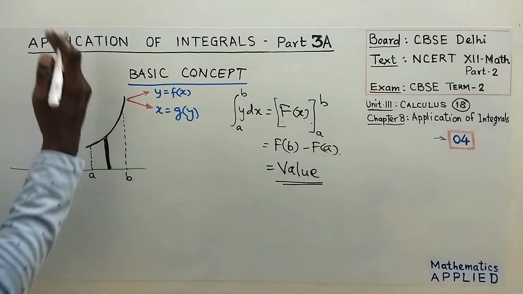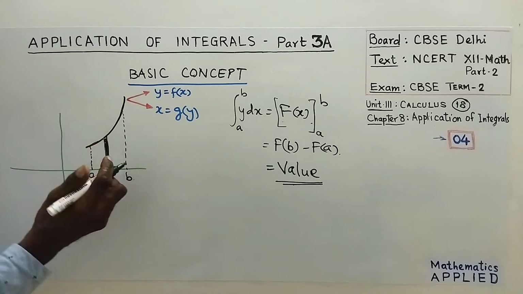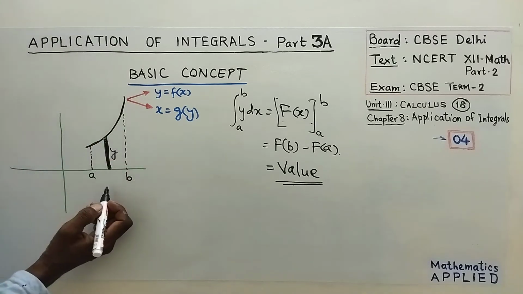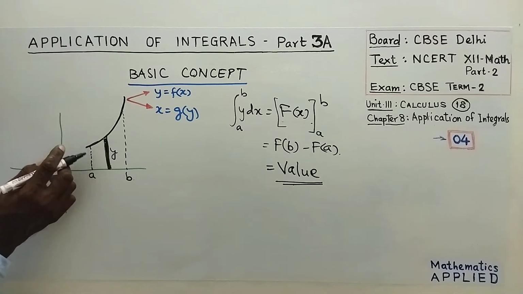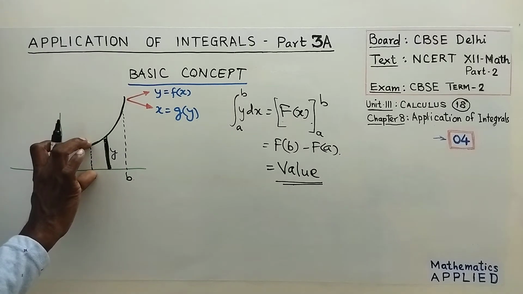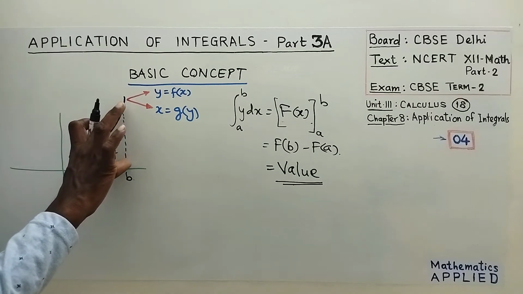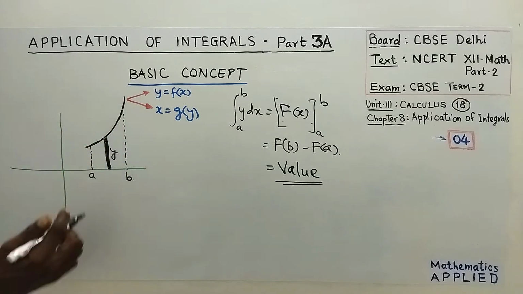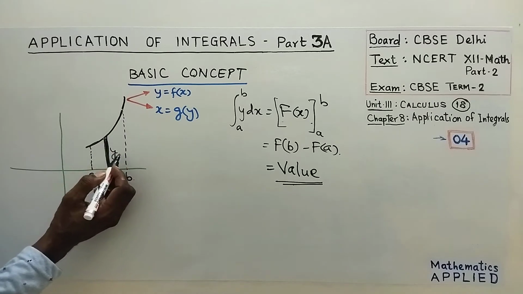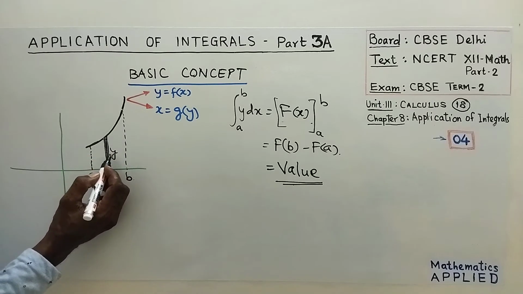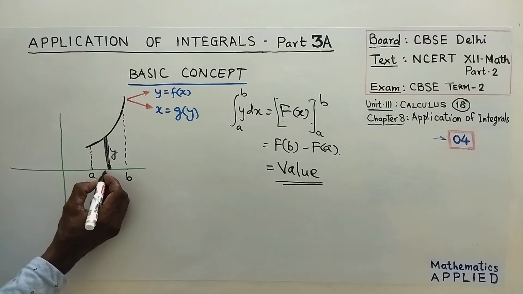How long is this strip? It is y distance long, because this is going to vary. This y starts from this particular point, is of this length, and goes on increasing, and comes to this length, right? So somewhere in between, because it is varying, you can think of this as y.